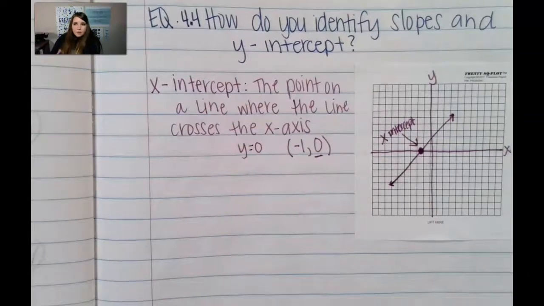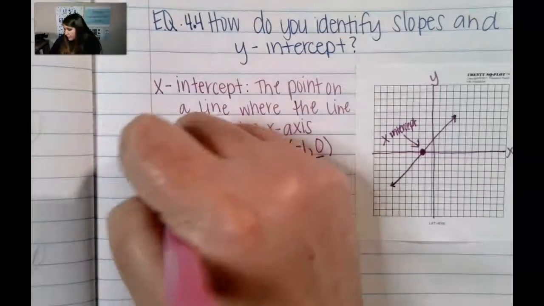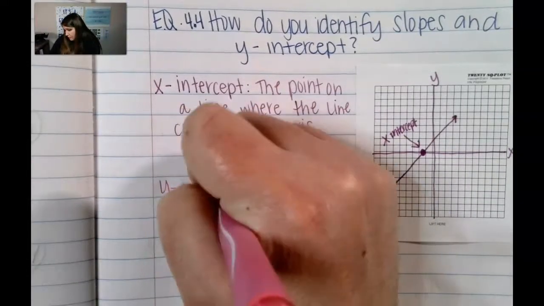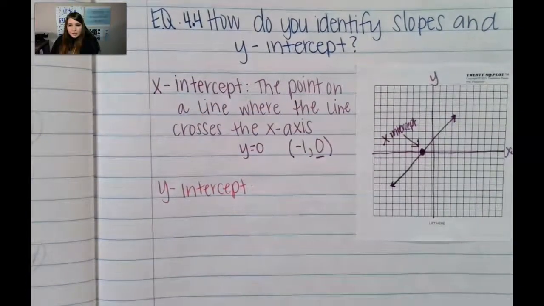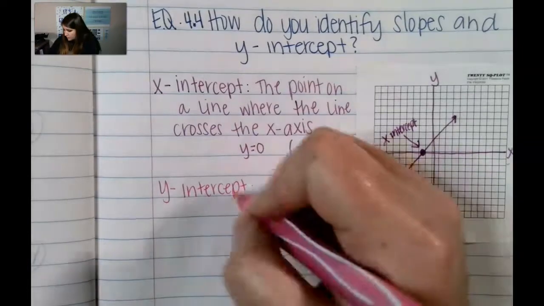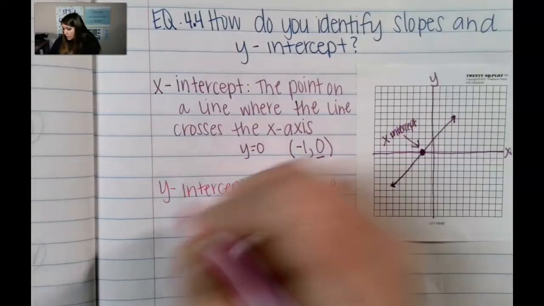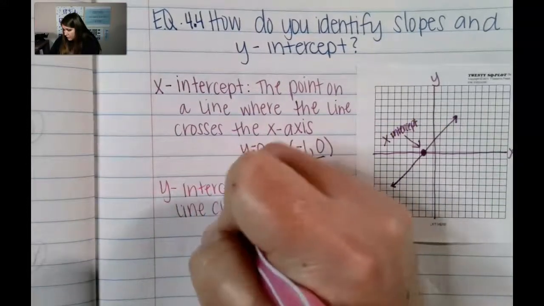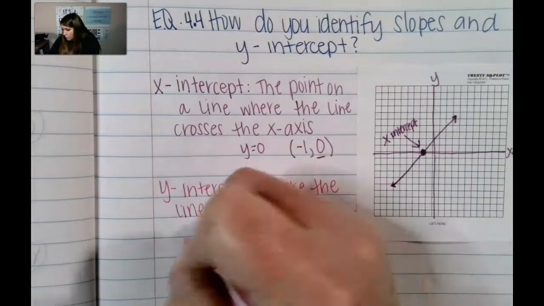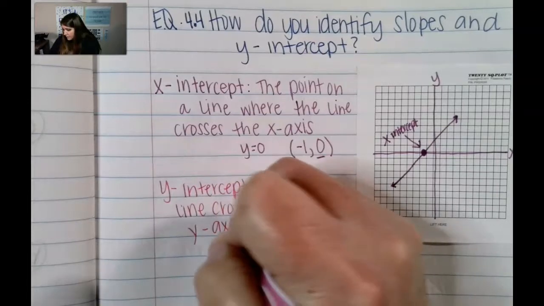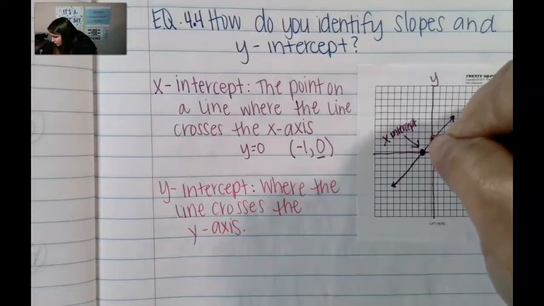Okay, but now let's talk about the y-intercept. The y-intercept is the opposite of that. It's where the line crosses the y-axis. So here, if we look, it's right here.